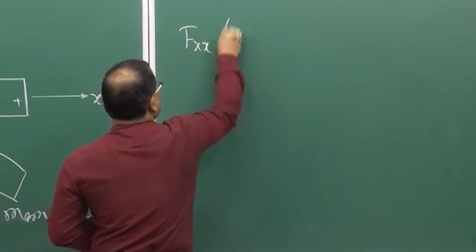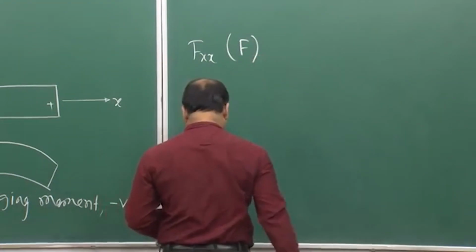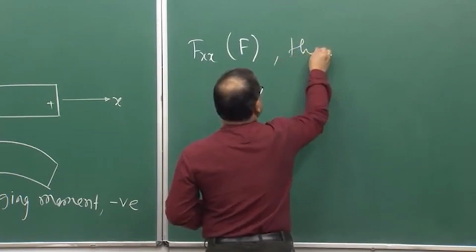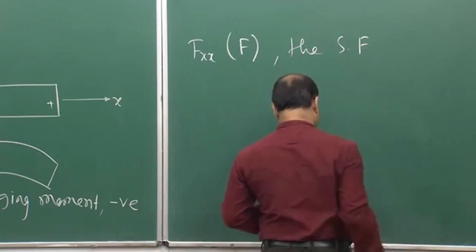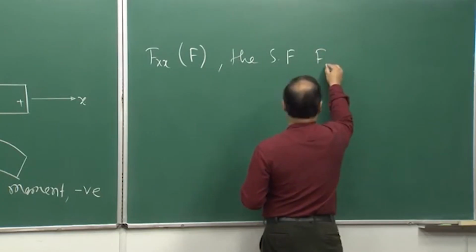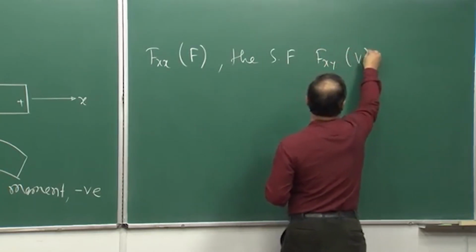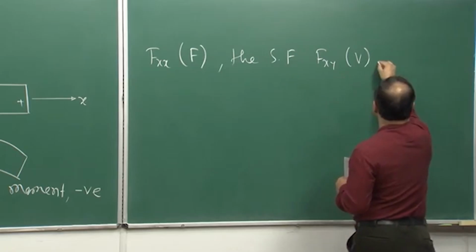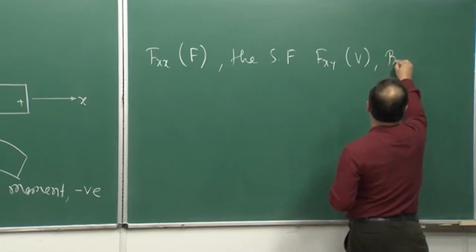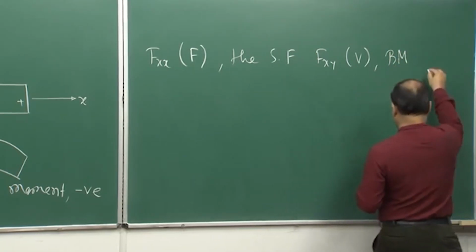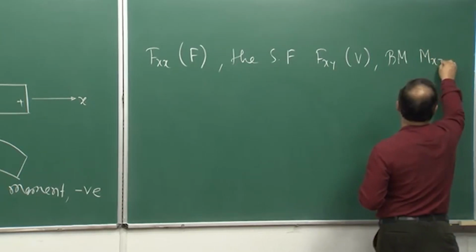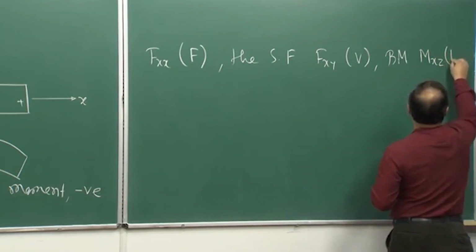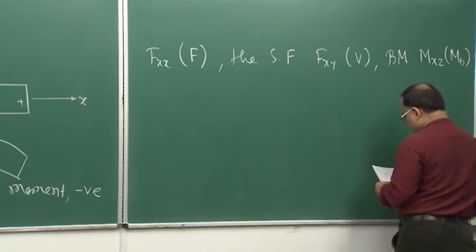F xx, that is nothing but the axial force, the shear force F xy, that will be defined as V, and the bending moment M x z, that will be called MB.